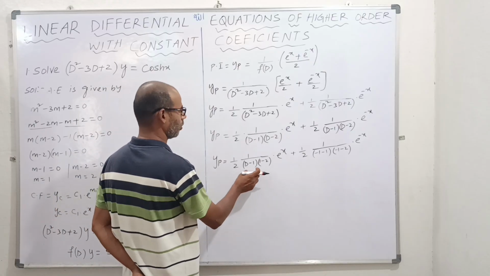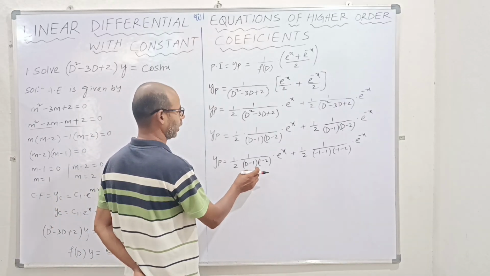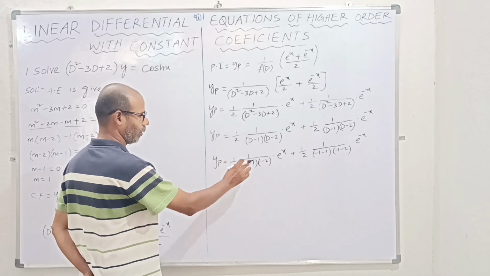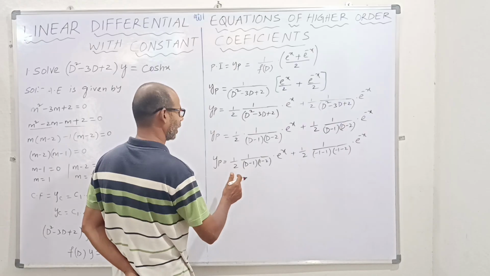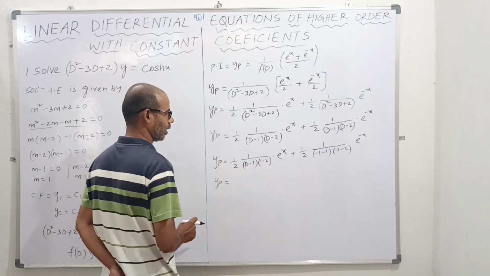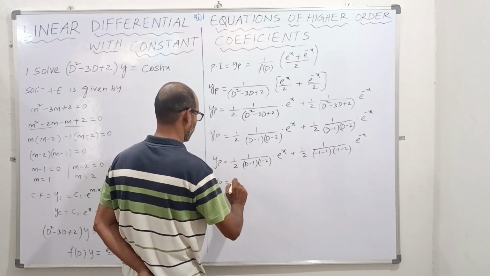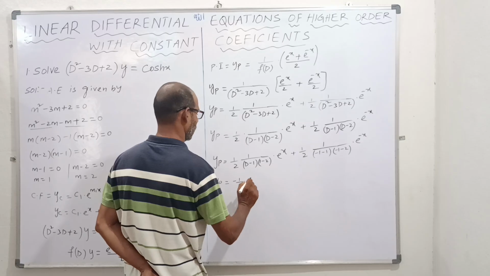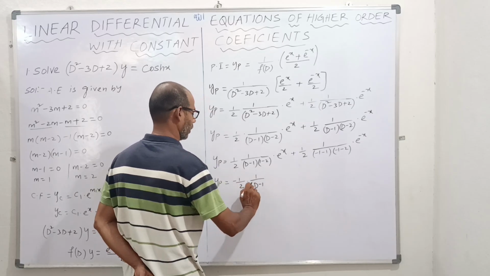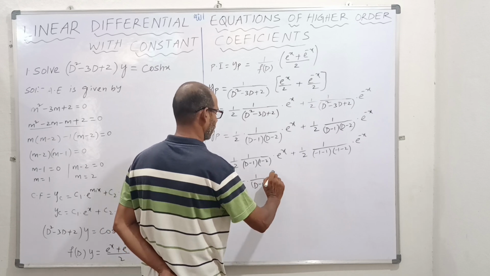So we have the problem only here, okay? Here, if I am putting D equals 1, this factor is becoming 0, so we will not put it there. We will leave it like that. So therefore this is changed as y p equals, 1 minus 2 is minus 1, so it is minus 1 by 2 into 1 upon D minus 1 into e power x.